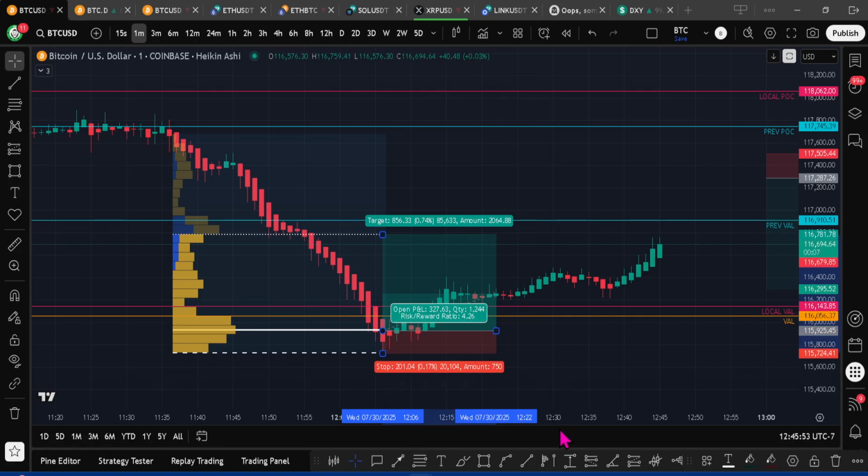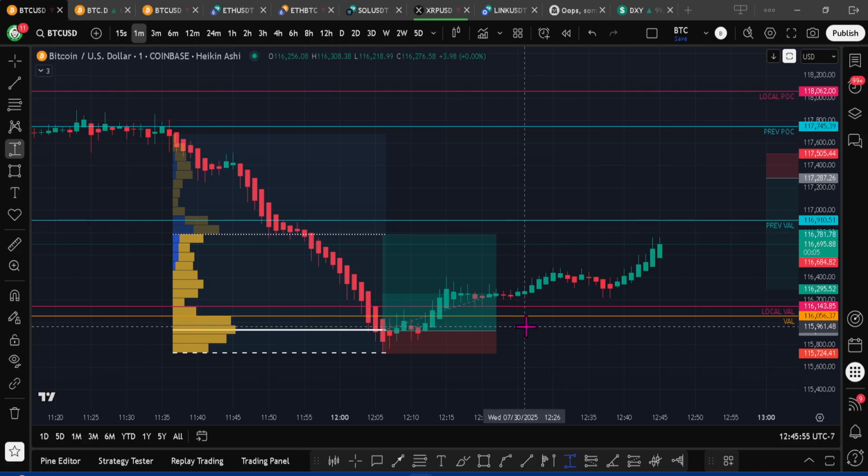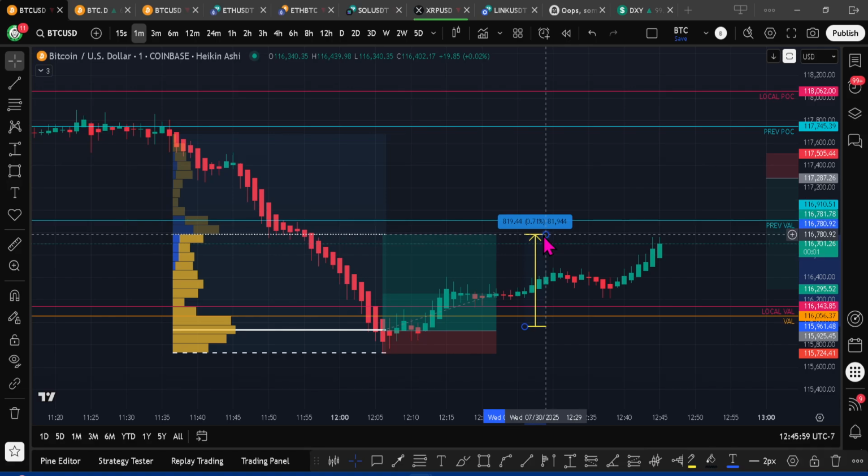And that would have converted into a 70, either if you use a 10x, 7% scalp, 100x would have been 70% scalp win for me.